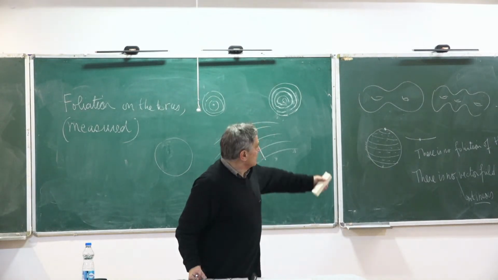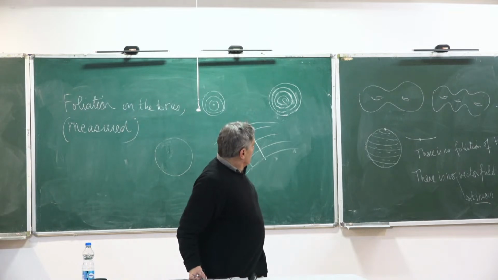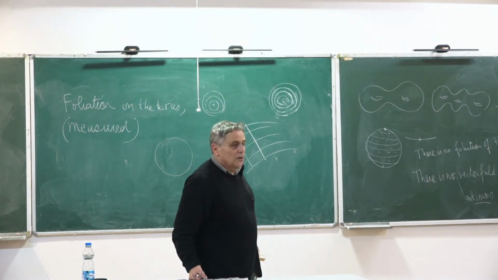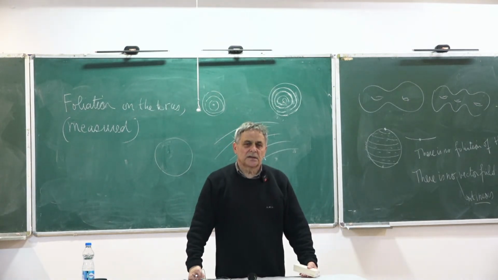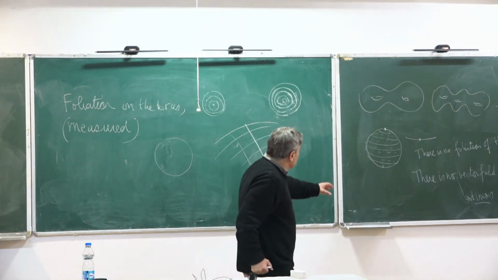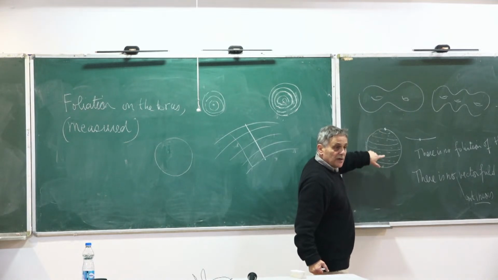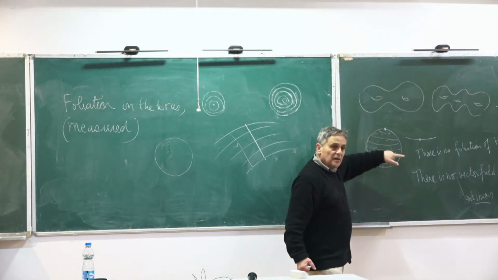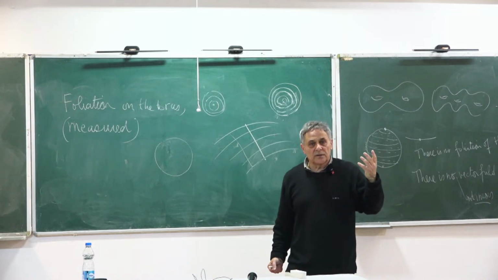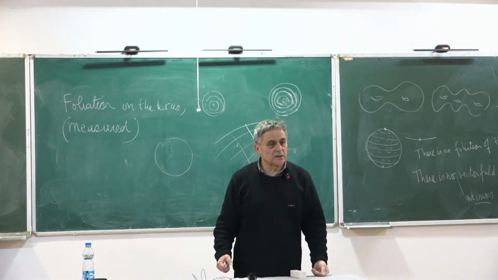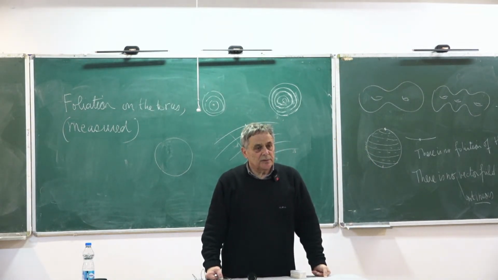After you have seen this, you can ask me, okay, in fact, I have here a foliation of the sphere with two singular points, right? This one and this one, right? Can I have a foliation on the sphere with three singular points? Is this possible?